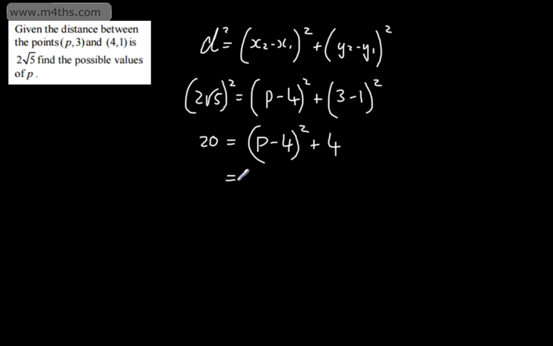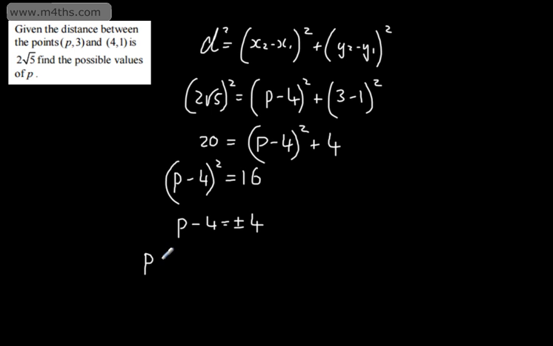I could rewrite this now as p minus 4 all squared is equal to 16. If you want, you can expand it out. The reason I'm not expanding out is I can simply square root both sides of this equation to have p minus 4 is equal to plus or minus the square root of 16, which is going to be 4.